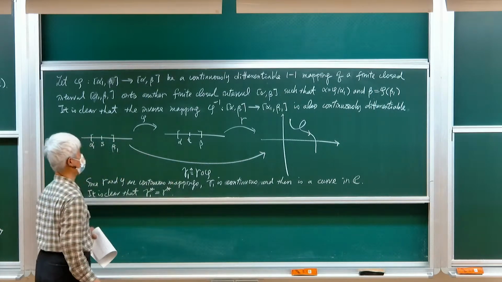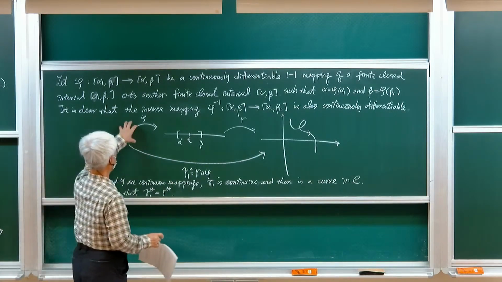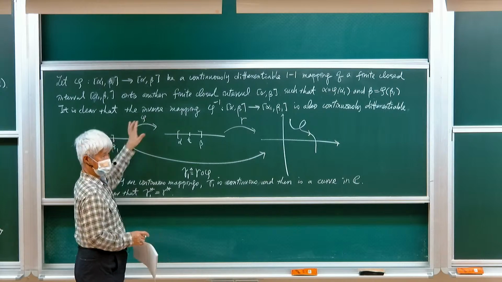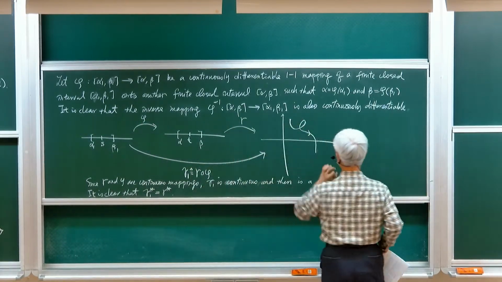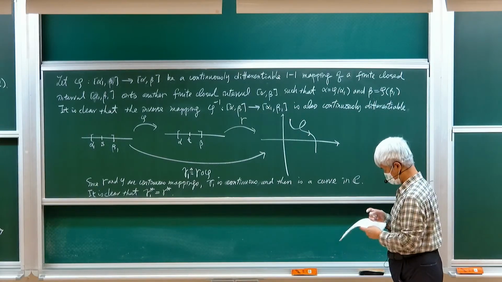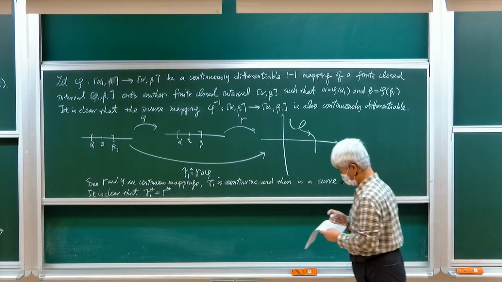Right. So because phi is 1-to-1 on 2, they have the same image here.